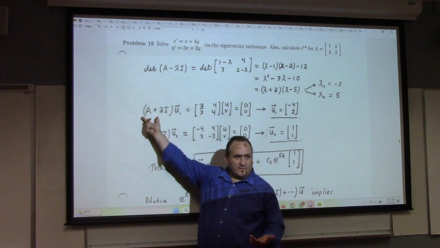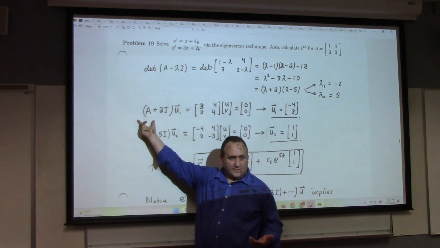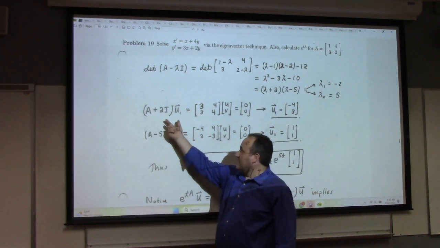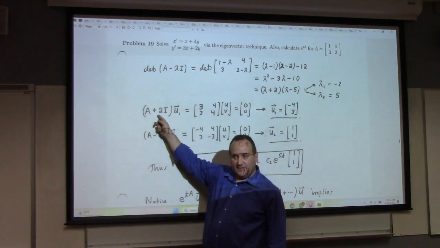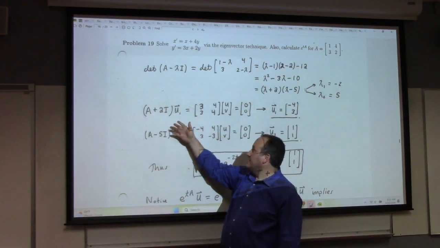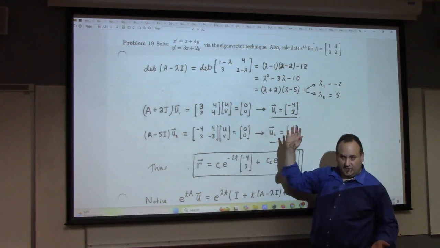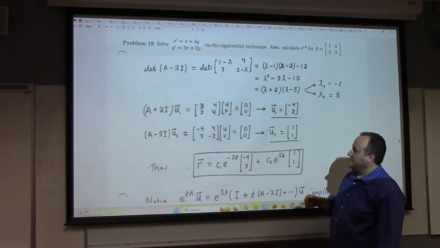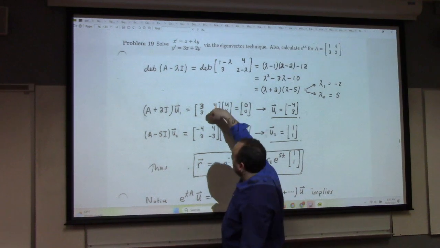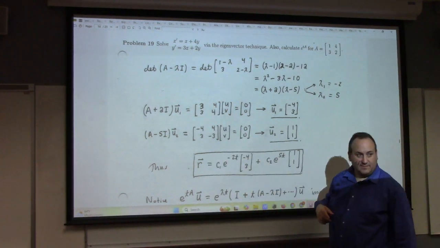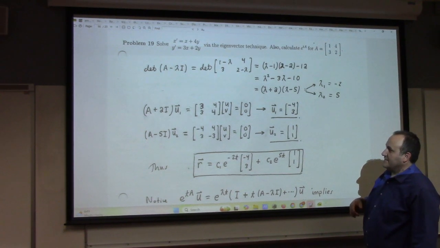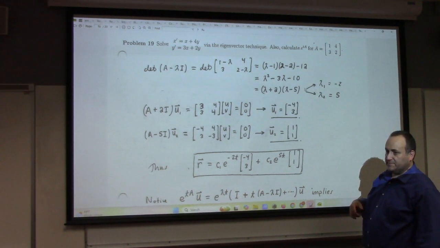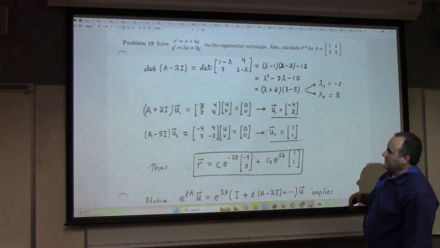Be careful here. This is usually where I make the mistake, actually making this addition. So it might be good to not be like me, to actually write down A plus 2I and look at it and do this, all right? But there it is. I did it in my head, and I did it wrong, and then I whited it out and put it back in, if you want to know the truth. But you should be less sleepy than I was when I wrote this when you do your test, right?